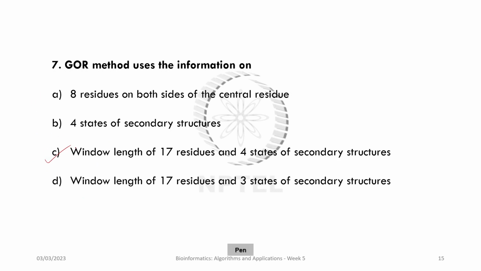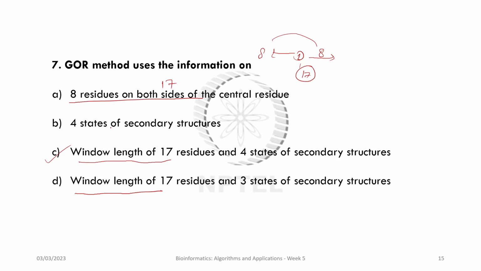What is the difference between A and C? 8 residues on either side of the central residue still gives you 8 plus 8 plus 1, 17. Sandhya has also shifted sides. So that's a clear majority, guys. So window length of 17 is true in three options.